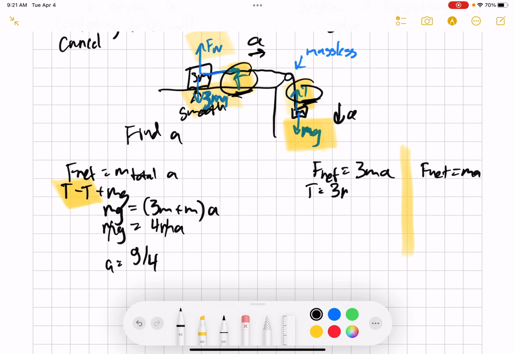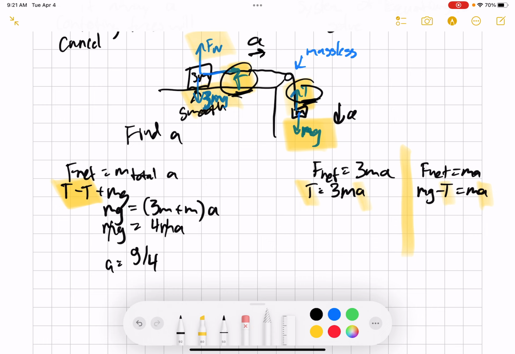So I have T equals 3ma, and then over on the other side I have mg minus T equals ma. Now you'll notice I do not know T and I do not know a. So I have two equations, two unknowns, which means I can solve it.